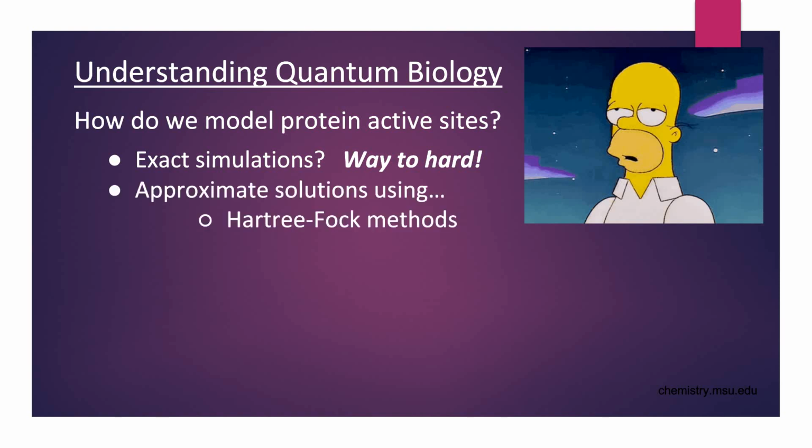So approximate solutions have been developed using Hartree-Fock methods to consider the wave function of a single what's called a Slater determinant, a set of electrons that are properly symmetrized, as they say, according to the necessary quantum mechanical statistics. Then there is density functional theory, which we'll talk about in some depth as we proceed, but it allows us to imagine the electronic wave function in terms of the density of the electron cloud only.